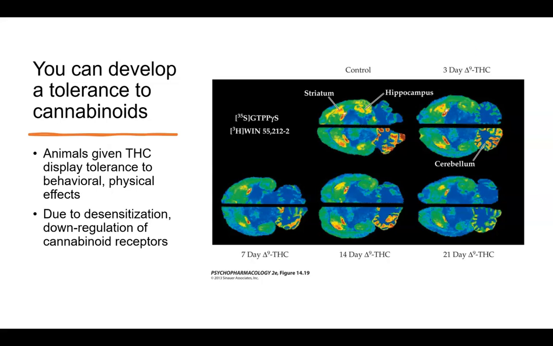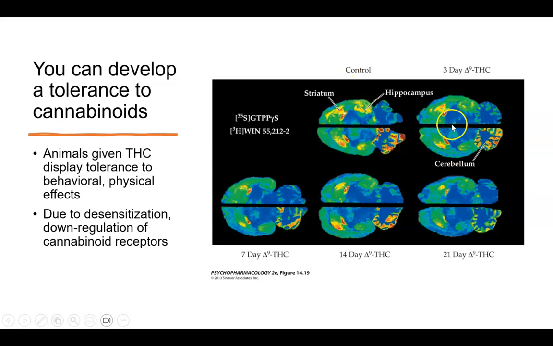So here you can see the desensitization for different types of cannabinoid receptors over time. And what I really want to impress upon you is that generally you're getting a reduction in receptor density and G protein activation over time.